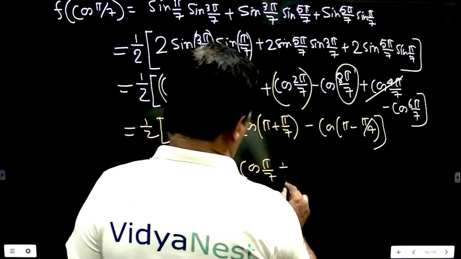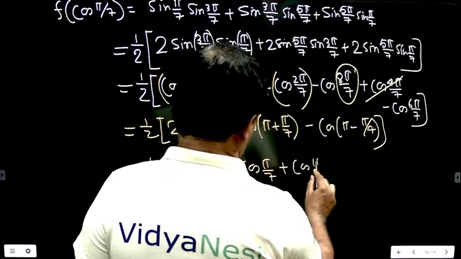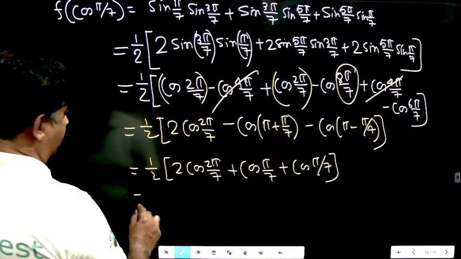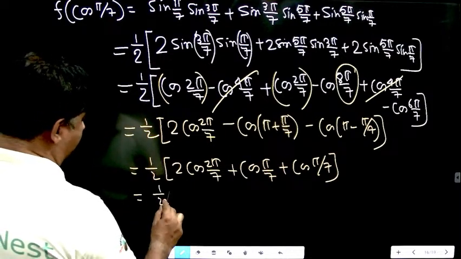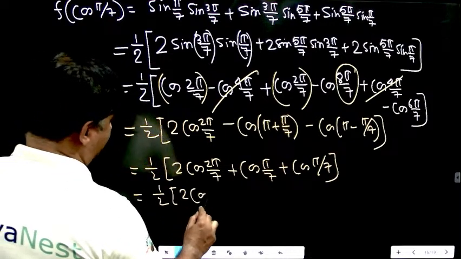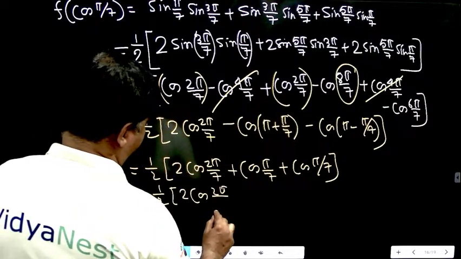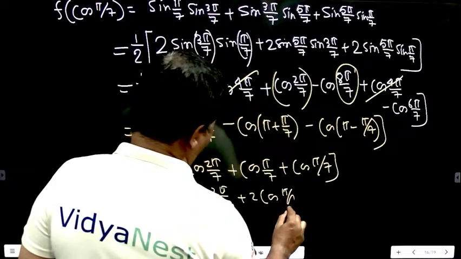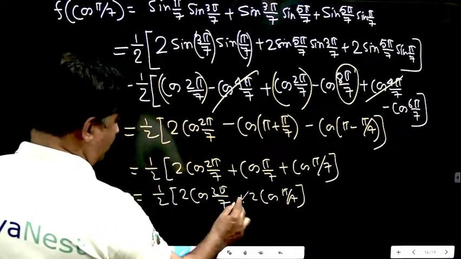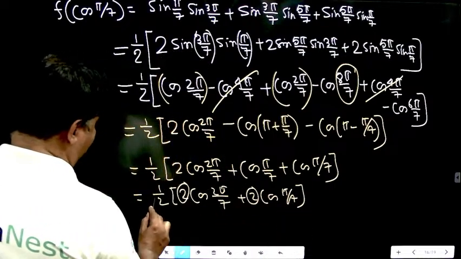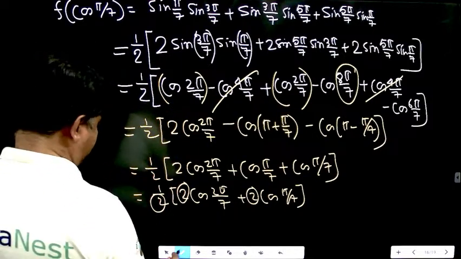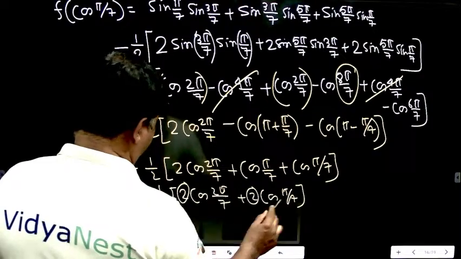So again plus. So the whole expression will be reduced. I can take 2 common and that 2 will get cancelled with this half.